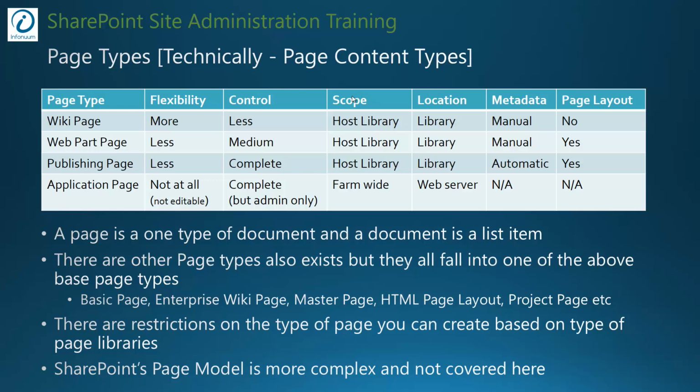Here also the scope is farm-wide and the location is on the web server file system. You cannot add additional columns to this type of page, and there is no specific fixed page layout approach either. Okay, so now let's look at what the application page types are.